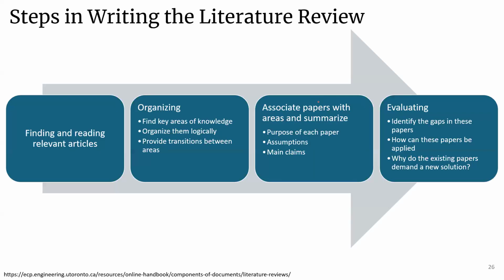So now let's talk about finding literature. There is a certain set of steps that you can take in writing a literature review. You can see we have to find the relevant articles, organize them, associate papers and areas with summaries, evaluate, and then go about writing.